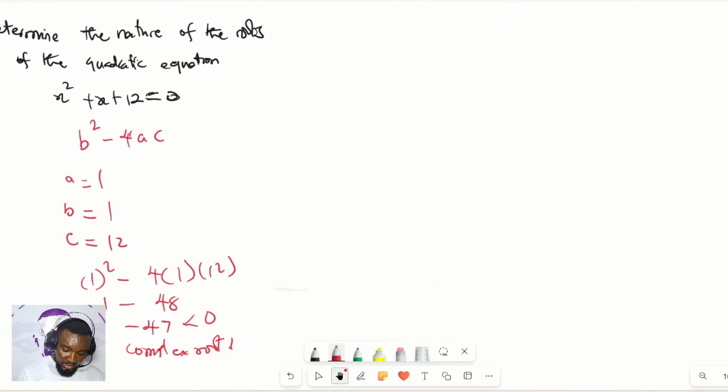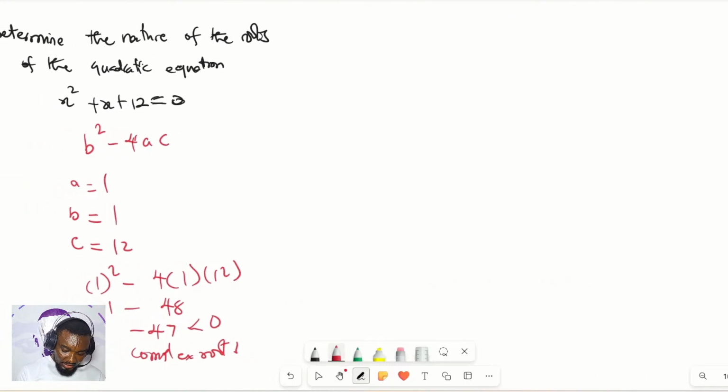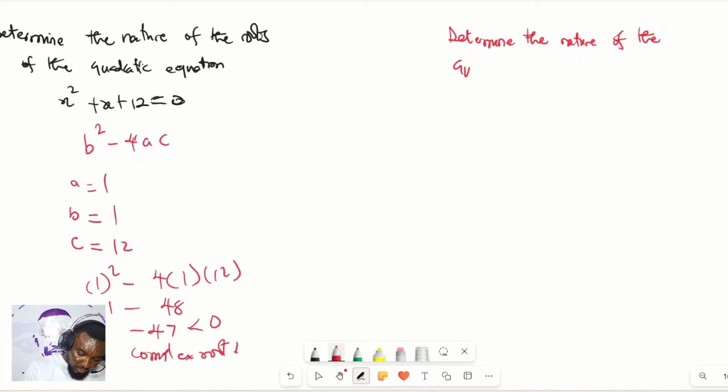It's nice that you've been able to get it. Now let's look at one last example. I'll give you another one to try. It says determine the nature of the quadratic equation.